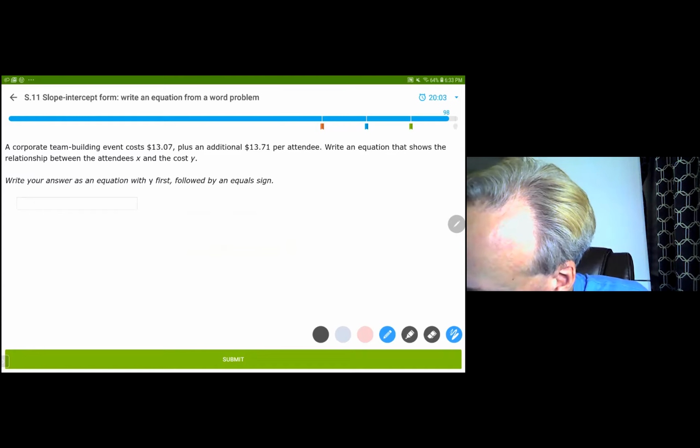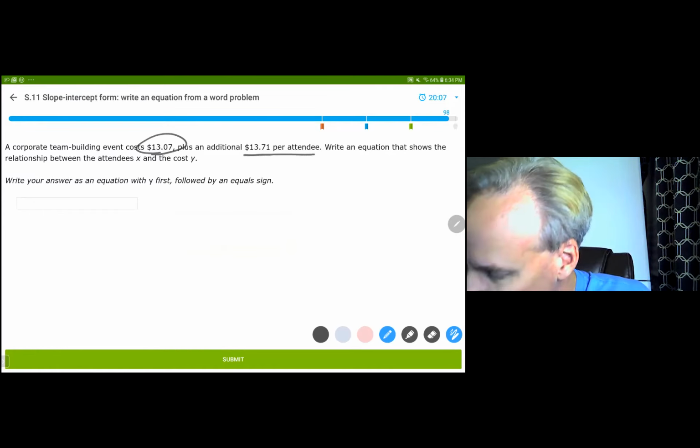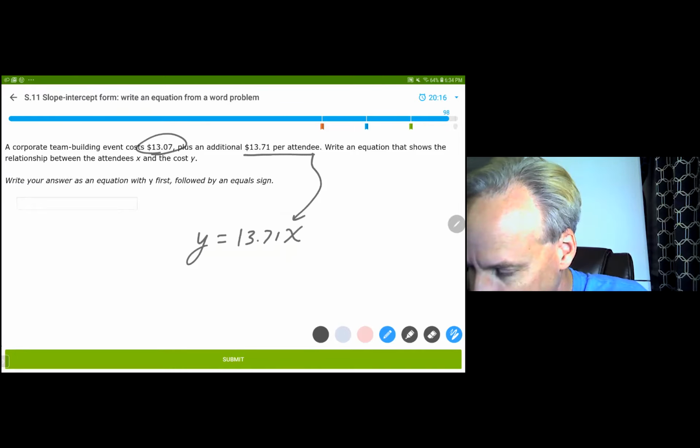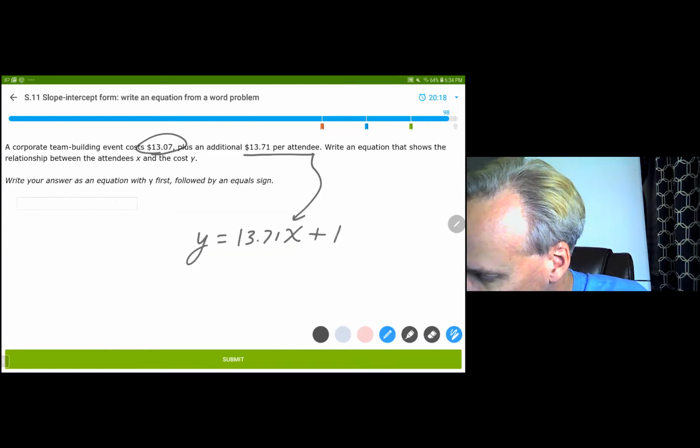All right, team building event costs 1307 plus an additional 1371 for each attendee. So y is 1371 times the number of attendees, x, plus the 1307, which is the initial cost.